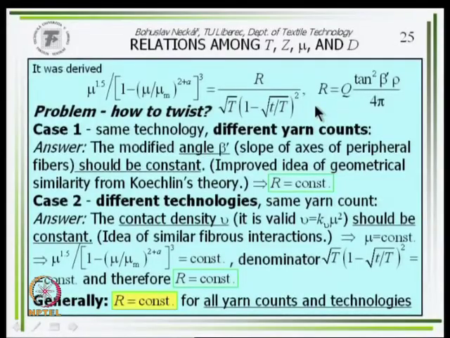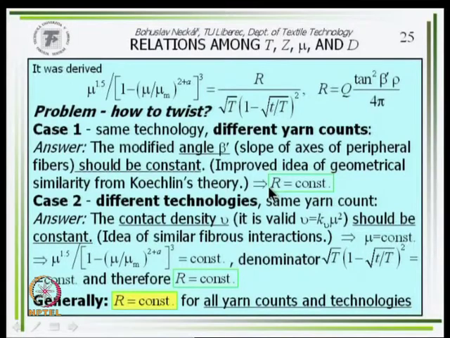Yeah? So this assumption, which is maybe very good, we must interpret: angle beta dash for all of these yarns must be constant. Well, because beta dash is constant, rho, say material, pi, total constant, q for given material is constant, so R is constant.